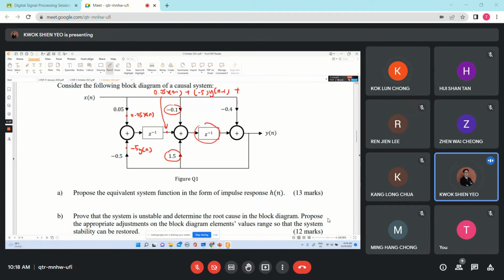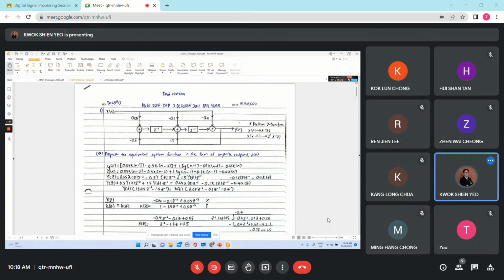Oh, okay. All right. So if that's the case, you have 0.05 delayed 2 times, minus 0.5 delayed 2 times. So wait, this should be y[n], all right? Should be y, isn't it? Because it's coming from here.